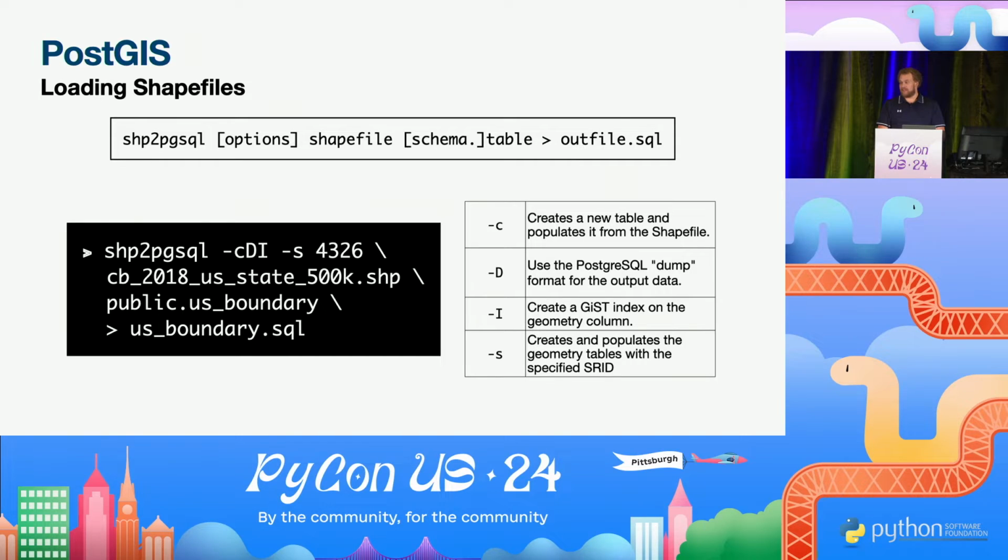And then -s is what we use to specify our spatial reference system. And we give it the shapefile there, and then we're saying, hey, in my public schema, I want to put that into my US boundary table, and finally, give me all that back in a .sql file that is called US boundary.